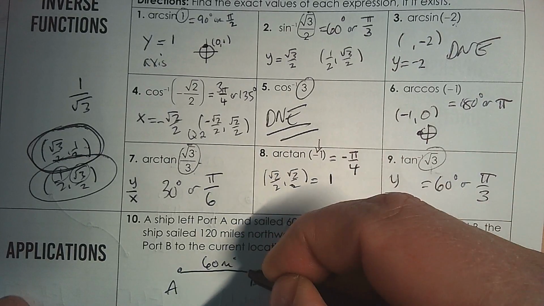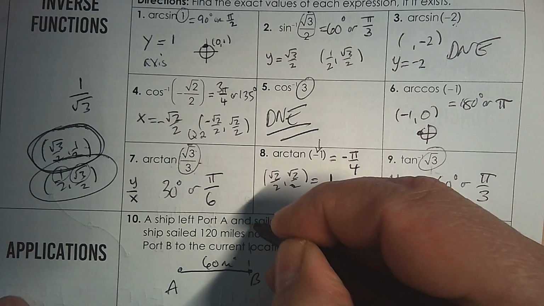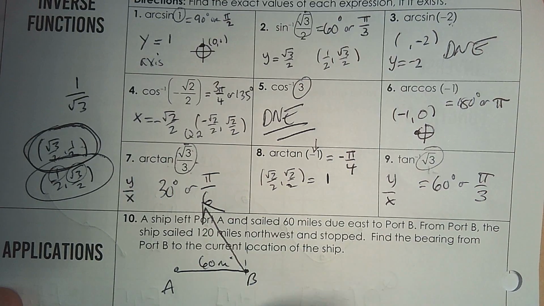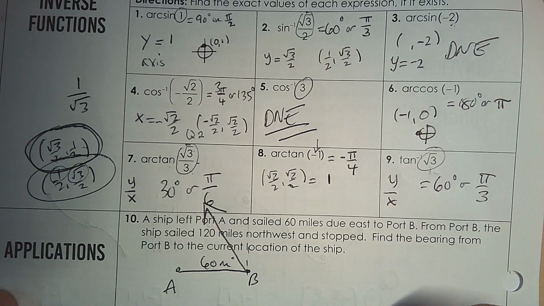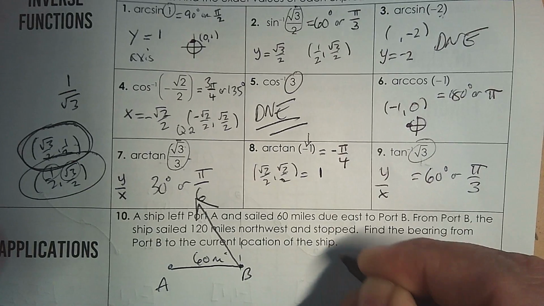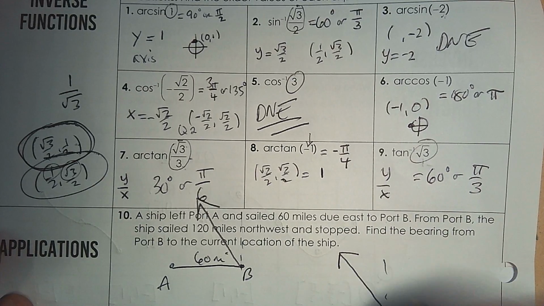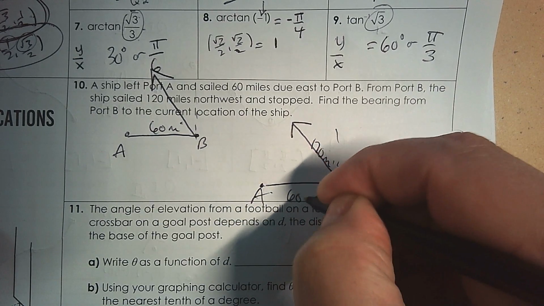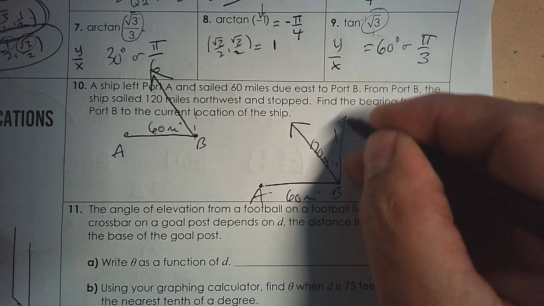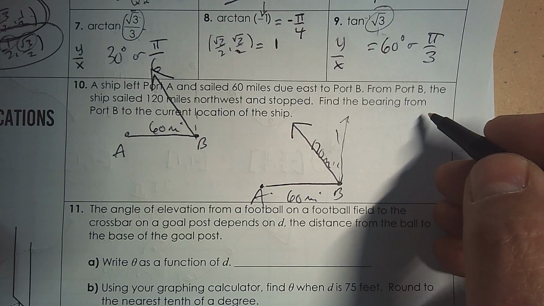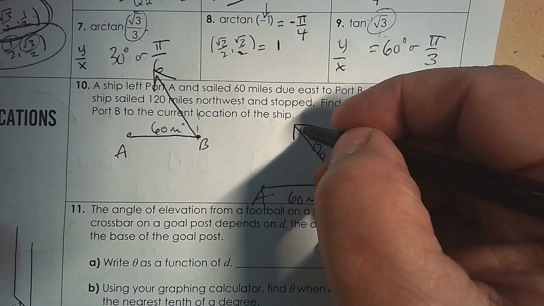So northwest means north and then west, this angle. I'm going to redraw it down here so we have some space. A to B, from B, north and west means this is the angle. We don't know what the angle is, but we know it's in this area, and it's 120 miles. It says find the bearing from Port B to the current location of the ship.